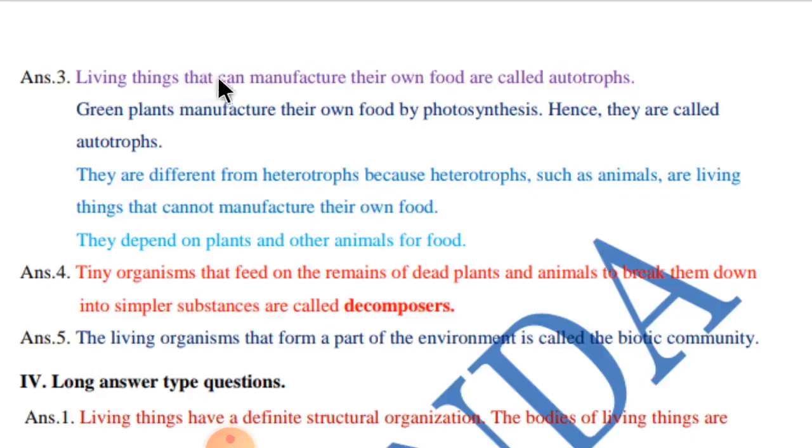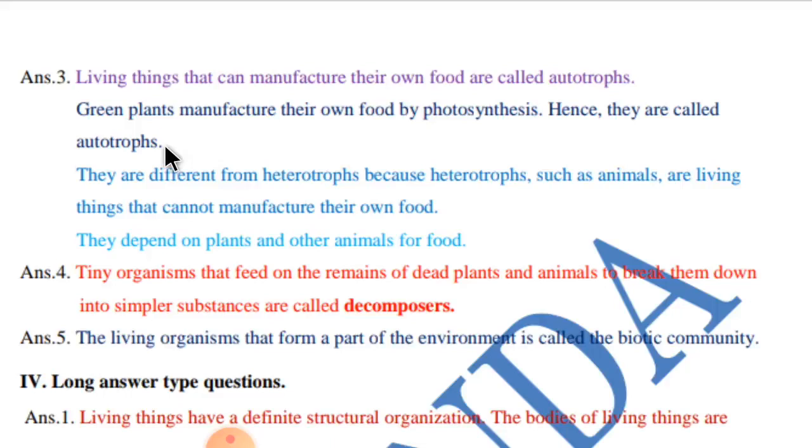Living things that can manufacture their own food are called autotrophs. And how are they different from heterotrophs? Green plants manufacture their own food by photosynthesis. That's why they are called autotrophs.